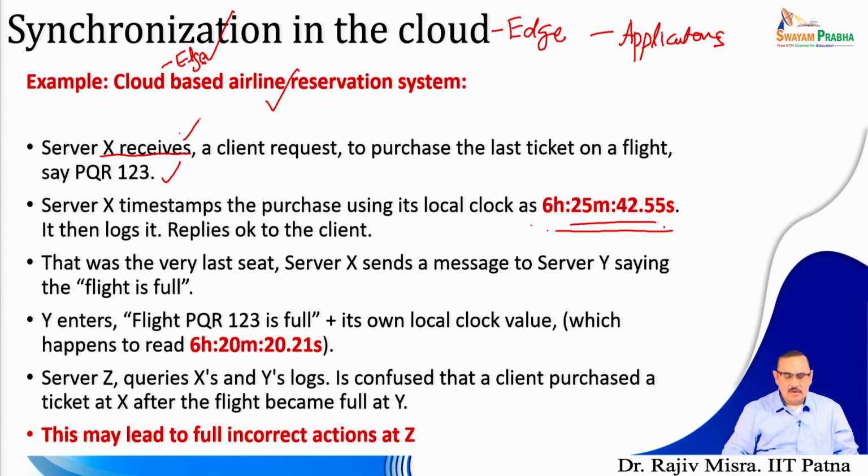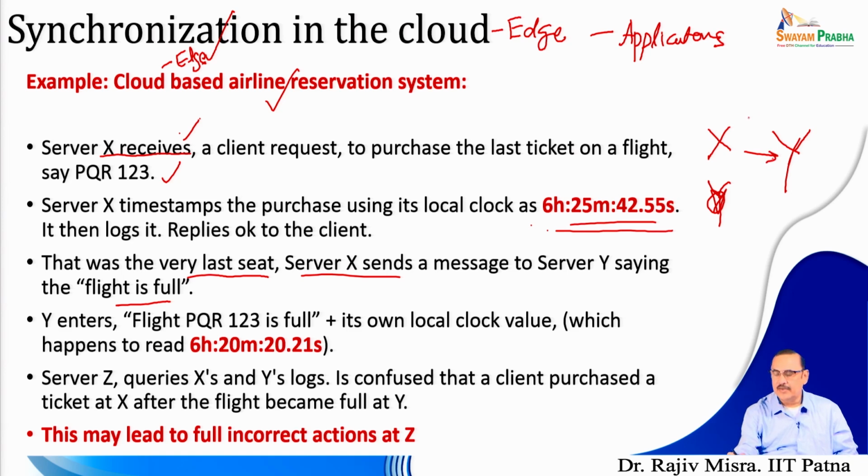Now, that was the very last seat, so server X sends a message to server Y saying that the flight is full. So, this is server X and this is server Y. Server X is telling server Y that the flight is full.